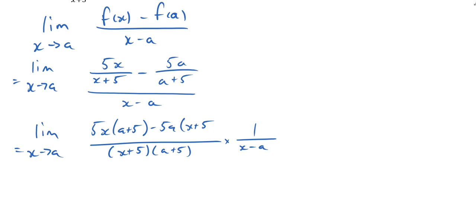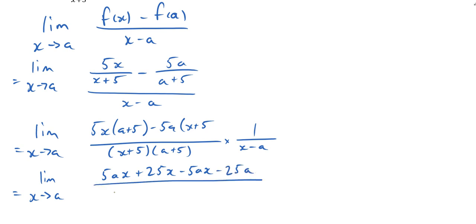But I'm doing it like this because then I see that the x minus a gets grouped with these two, so they're all on the bottom anyway. So I'm going to expand the top. 5ax plus 25x minus 5ax minus 25a over x minus a, x plus 5, a plus 5.